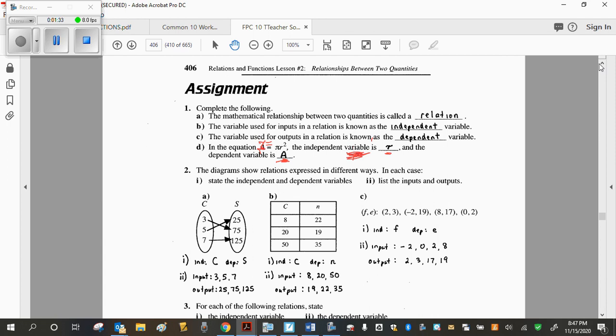And similarly, you'll see that in number 2, there's your X, there's your Y, there's your independent, there's your dependent. And remember, don't mix these up. If I ask for the dependent variables and you give me the inputs and outputs, you'll get them wrong, and vice versa.